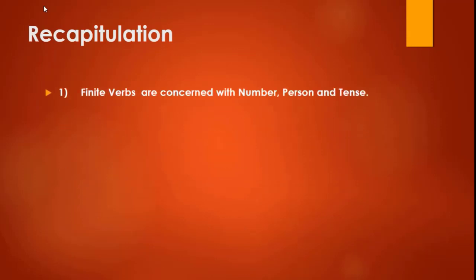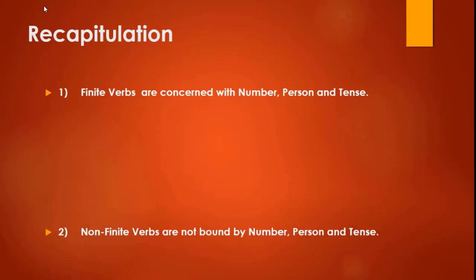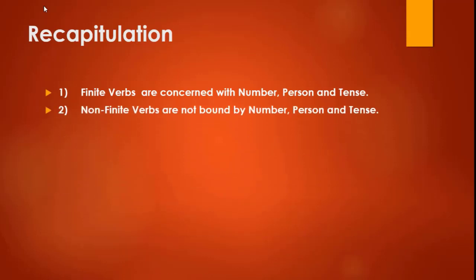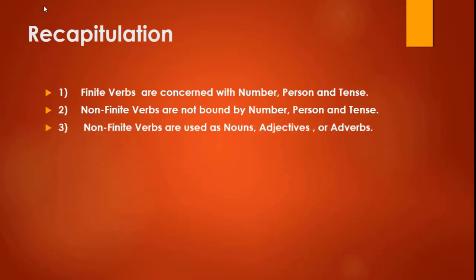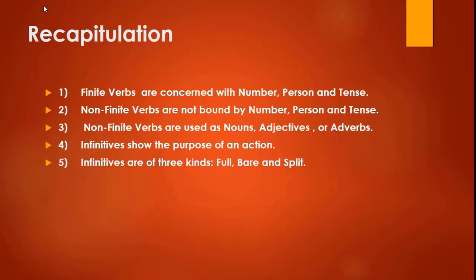Now we are going to recapitulate today's learning. Point number 1 is finite verbs are concerned with number, person and tense. Non-finite verbs are not bound by number, person and tense. Non-finite verbs are used as nouns, adjectives or adverbs. Next point is infinitives show the purpose of an action. Then infinitives are of three kinds: full, bare and split.